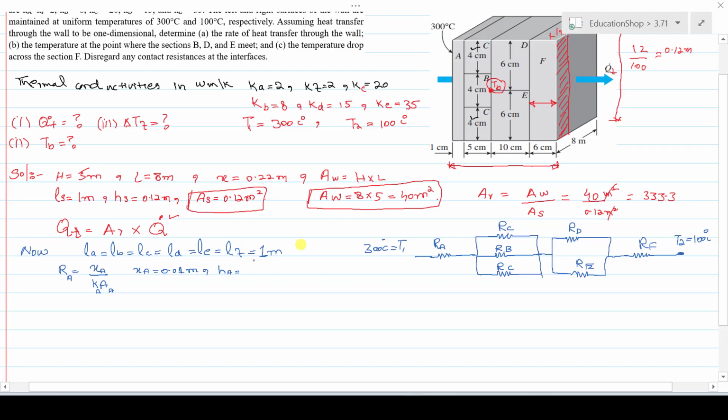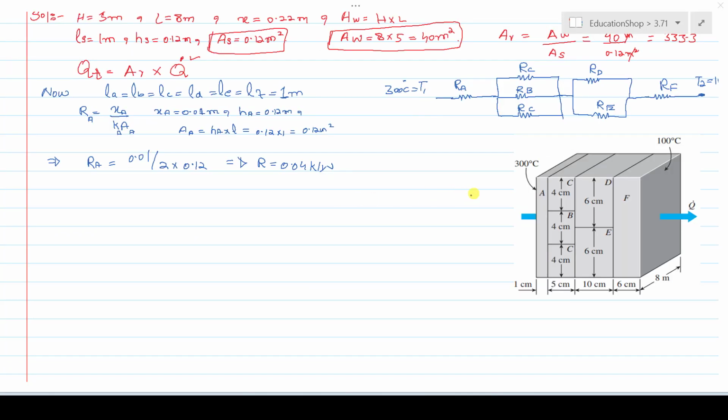As you can see here, that is 0.12 meter. So the area of section A is equal to HA multiplied with LA. LA is 1, so I simply put these values in. When you solve this on a calculator, you will get the value of resistance RA is equal to 0.04.